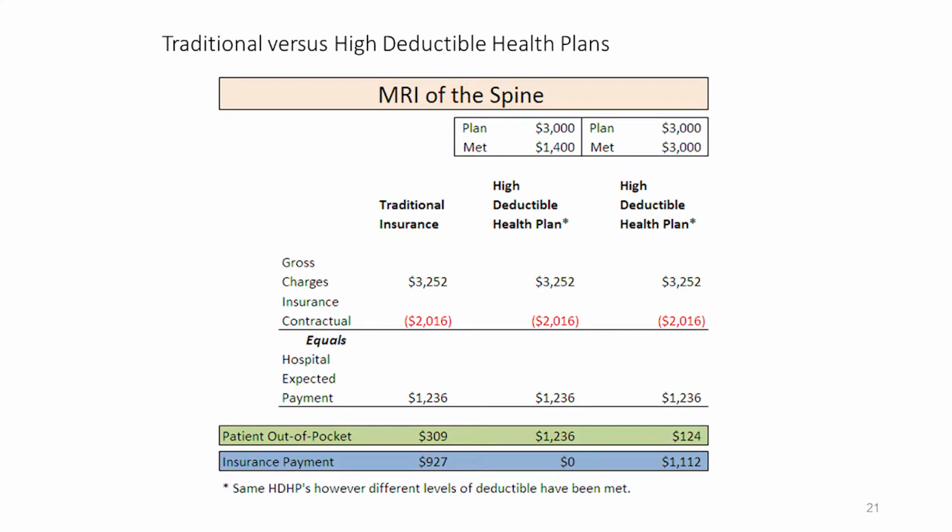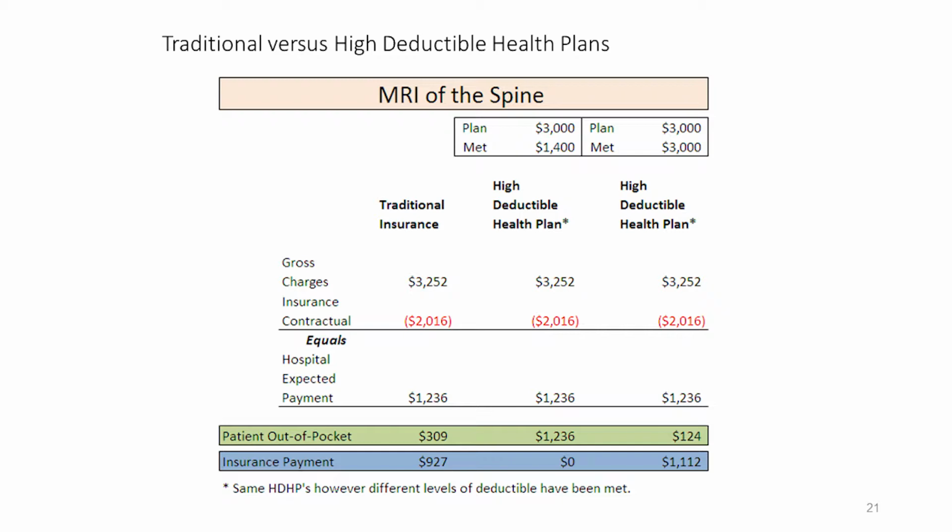So this is an example of what that payment means, both from a hospital standpoint and then also a patient standpoint. So if we look at traditional versus a high deductible health plan, let's say the patient comes in, they have an MRI of the spine. So in the first circumstance with traditional insurance, the gross charge is $3,252. The insurance contractual is $2,016, which means that the hospital expected payment is $1,236, which is really the same across all of these.